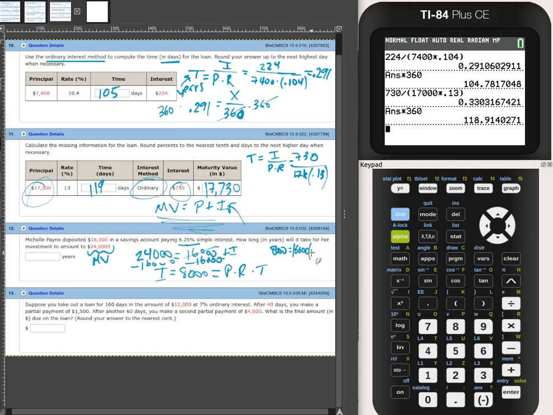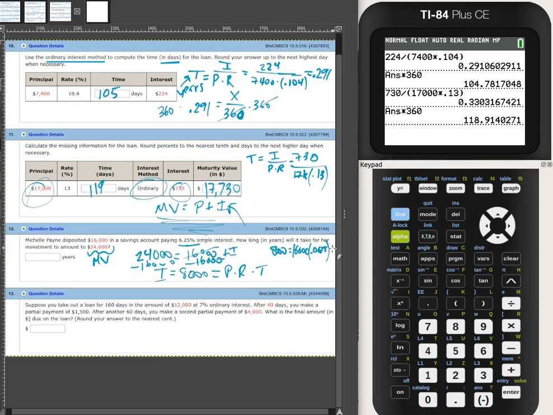So we can write 0.0625 and then times the time. I'm sorry it's getting a little bit scrunched up here, but we would like to divide both sides by this value, 16,000 times 0.0625.